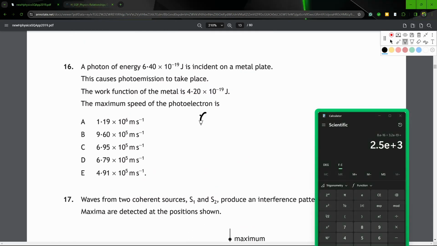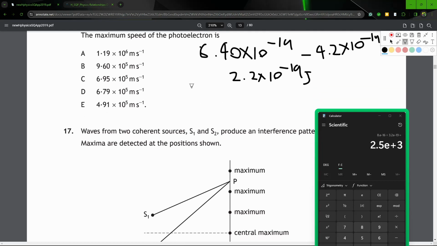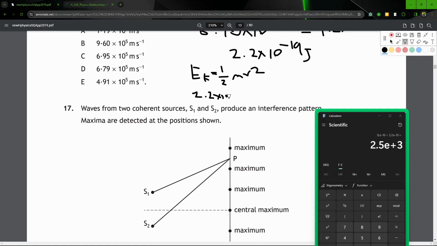So the energy that we have to actually get the electron moving would be the total energy minus 4.2 times 10 to the negative 19. So that would be 2.2 times 10 to the negative 19 joules of kinetic energy. And then we go EK equals 1/2 mv squared, 2.2 times 10 to the negative 19.